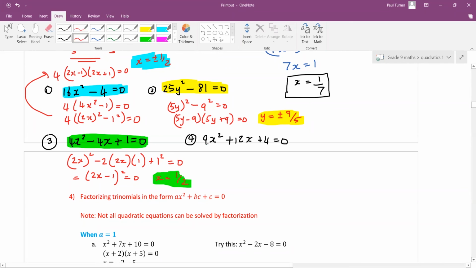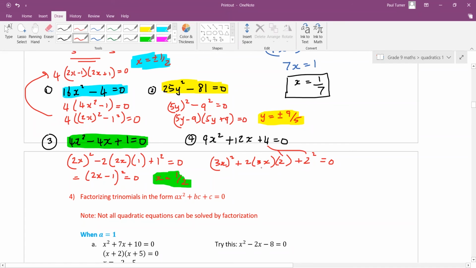In the last one, 9x squared, 12x, 4. So the 9x squared would become 3x all squared plus 2ab plus b squared. I know b because I'm getting it from this term here, which goes there.